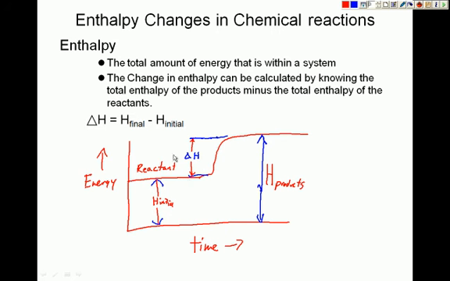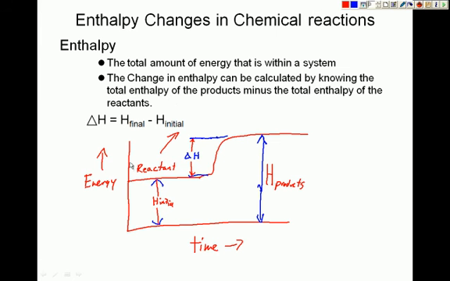Now, since this went up, delta H right here is going to be a positive number, or in other words, this really big number minus this little small number is going to be a positive number. So this is what enthalpy is, and this is how enthalpy can change.